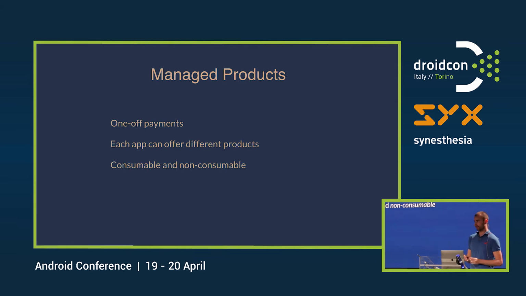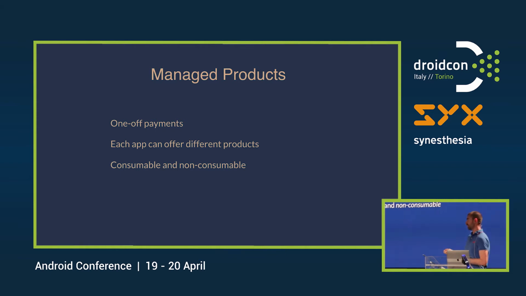In the case of Action Launcher, you can pay, I think, €5 to unlock the features, and that purchase is a managed product. It's non-consumable because it doesn't expire, it doesn't erode, so you cannot do anything with it other than possessing it. And that unlocks the features for the entire lifetime of the application.